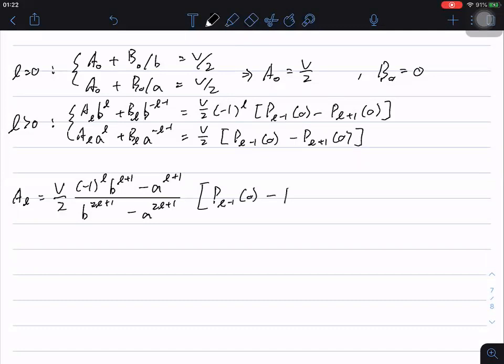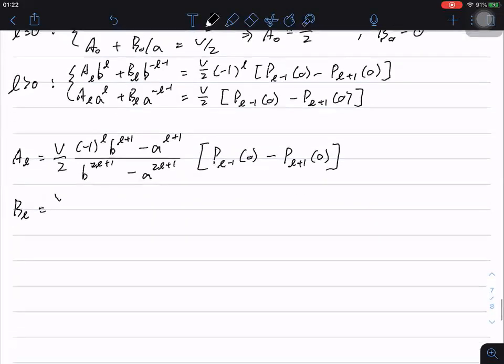Okay, so this is the solution of AL, and for BL, well, you can just simplify it as this.